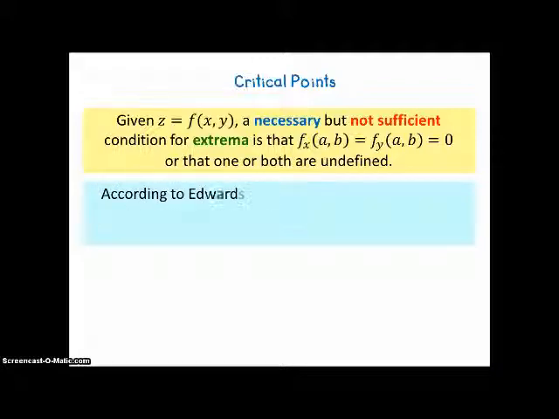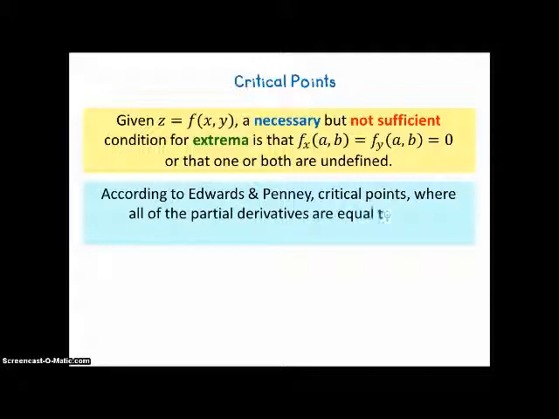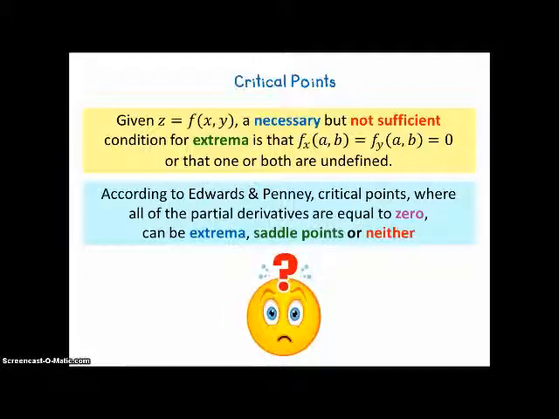Now according to Edwards and Penney, critical points where all of the partial derivatives are equal to 0 can be extrema, saddle points, or neither. Well, I was a little confused about neither, and I wondered what that might look like, so I came up with some examples.